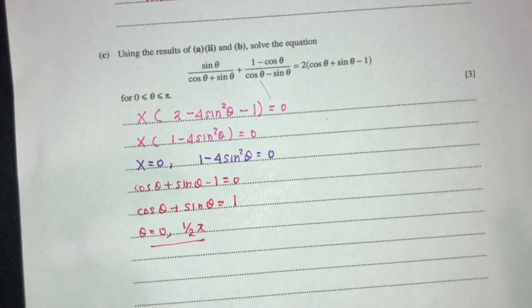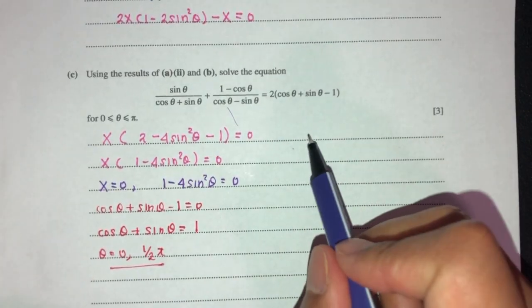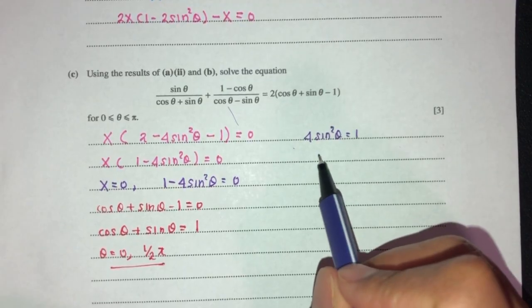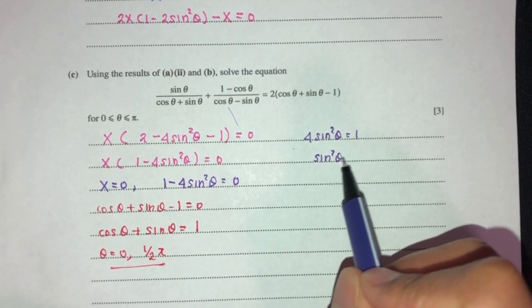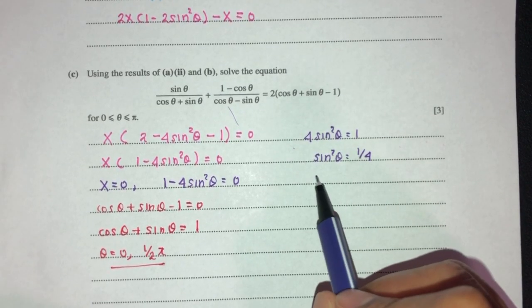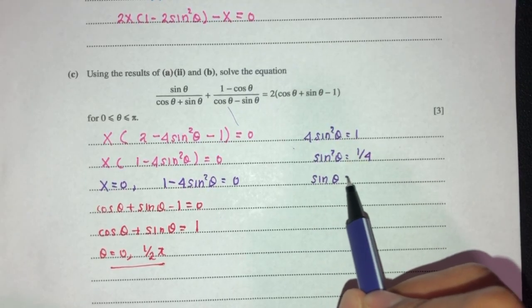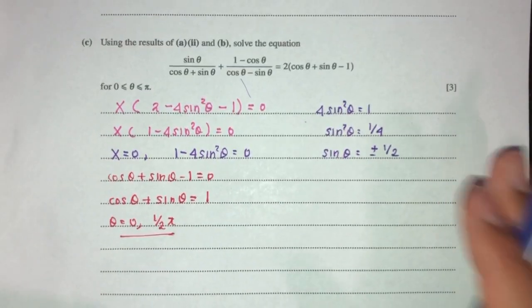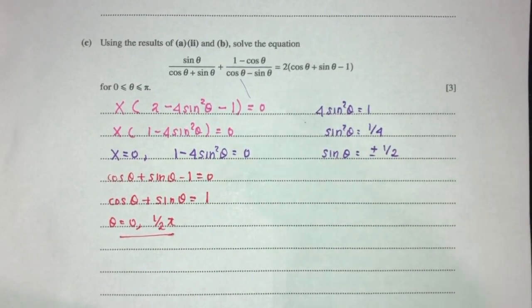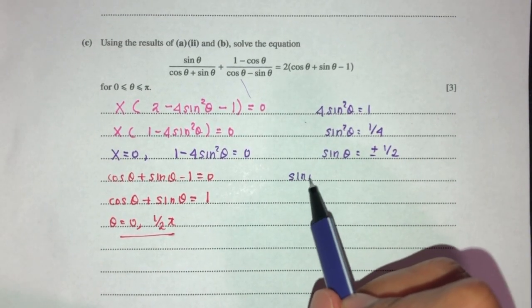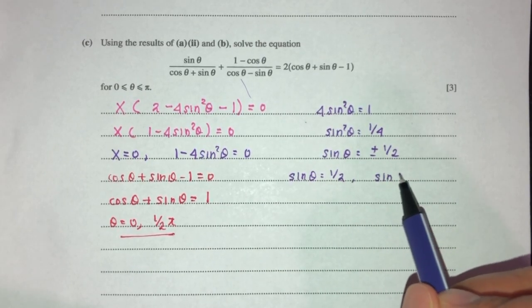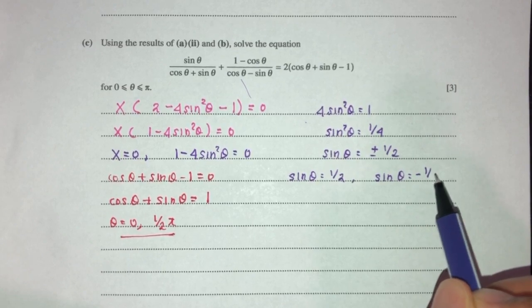How about this one? We have to solve. That will become 4 sine square theta is equal to 1. Therefore, sine square theta is equal to 1 over 4. Therefore, sine theta will be plus minus half. Right. So again, there will be two possible values here. Sine theta is equal to half, or sine theta is minus half.